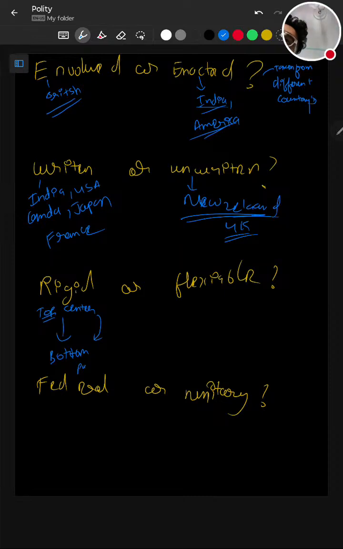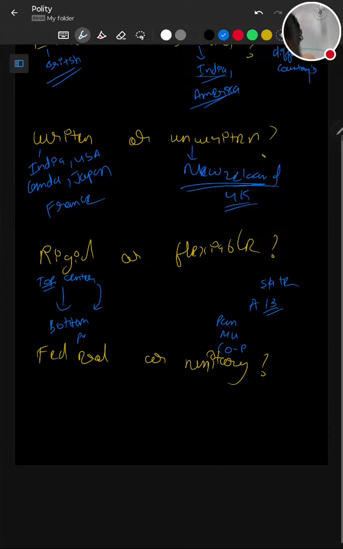India also follows that, but India is also flexible: Panchayati Raj, municipalities, cooperative societies, and the local village panchayats all have their power, and they can make their own law in their specific area. That is also what the definition of State is, which is in Article 13, or Article 12, I think.